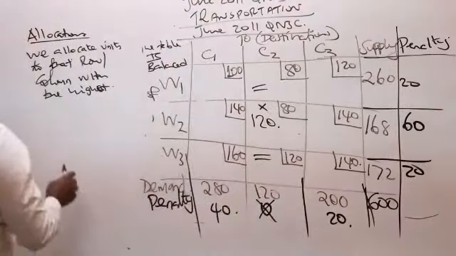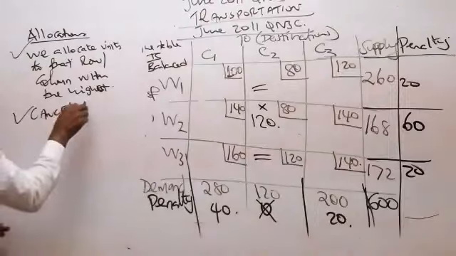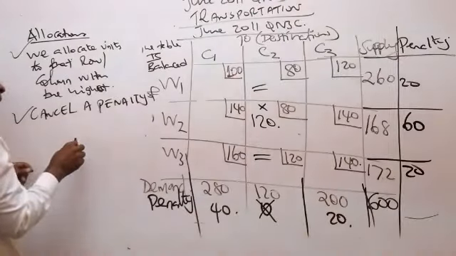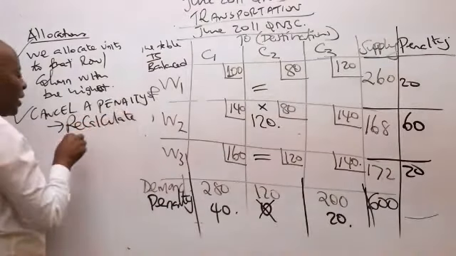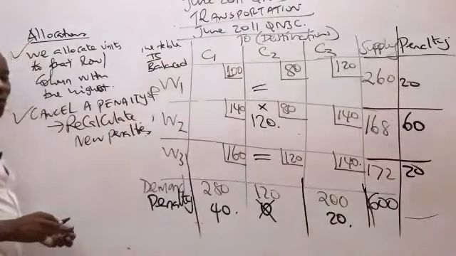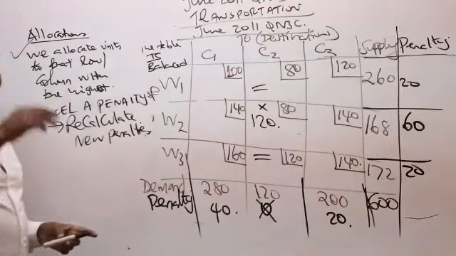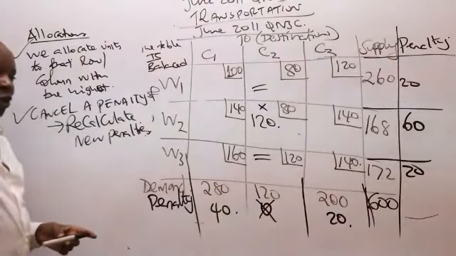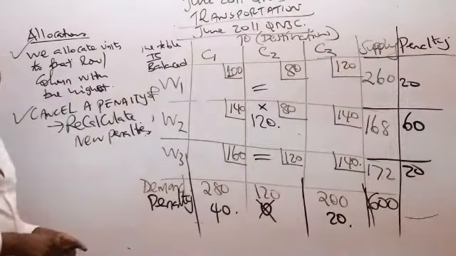Now listen, ladies and gentlemen, whenever you cancel a penalty, there is a rule for cancellation of penalty. Always remember, whenever you cancel a penalty, always recalculate new penalties. Recalculate new what here? New penalties. Whenever you cancel a penalty, you recalculate new penalties for the entire table.